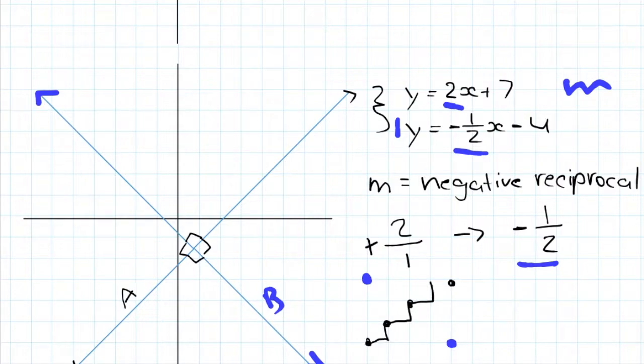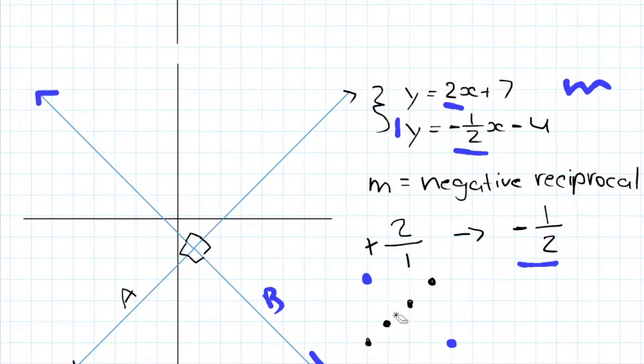As you may notice, line A has a positive slope, whereas line B has a negative slope.